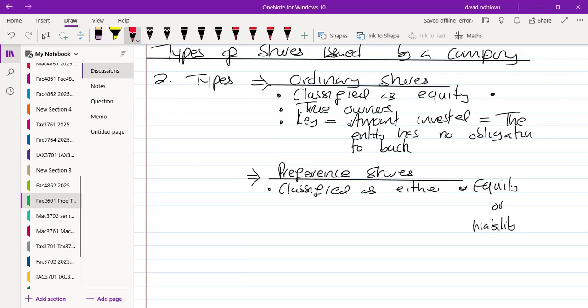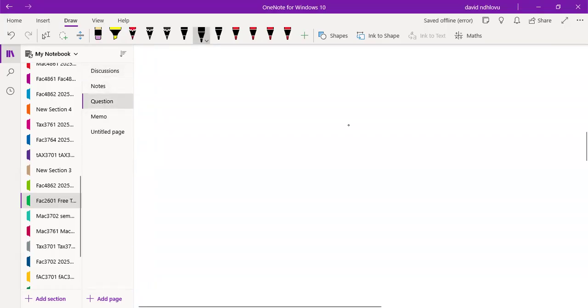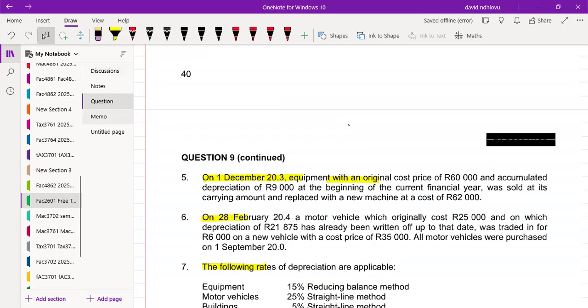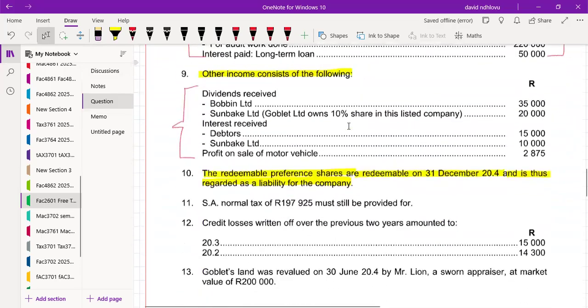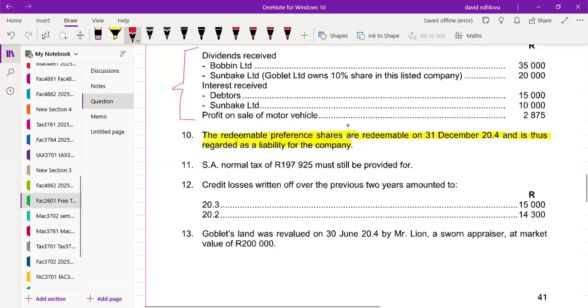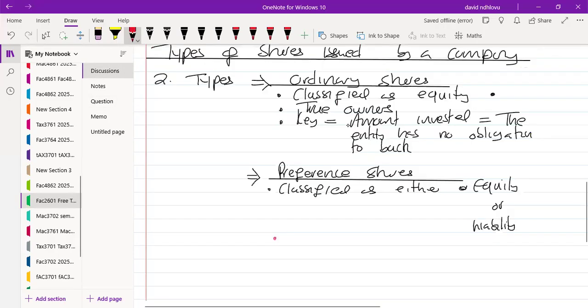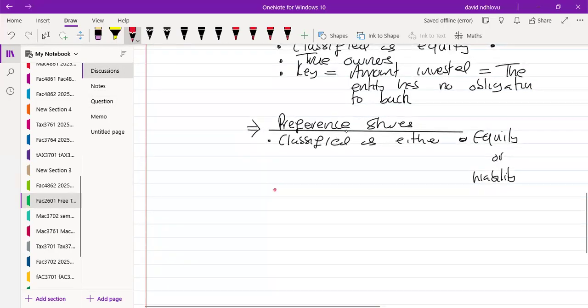Now, when you have preference shares, usually preference shares can be classified into either redeemable or non-redeemable. Let's see what they said about these ones. These are redeemable. So what does that mean when it comes to shares? Preference shares can be classified as follows. We have redeemable.